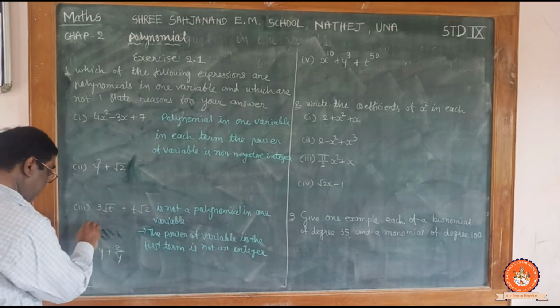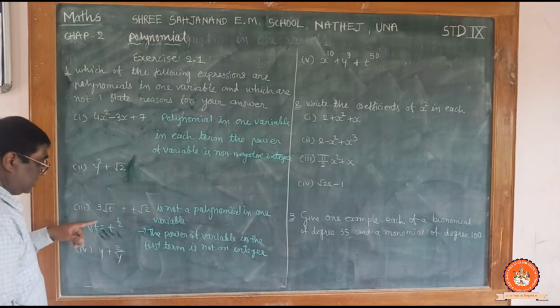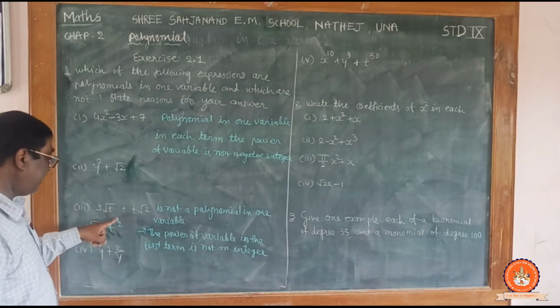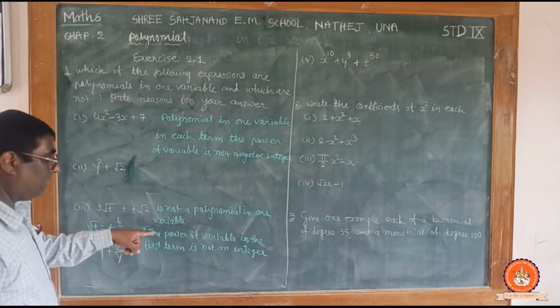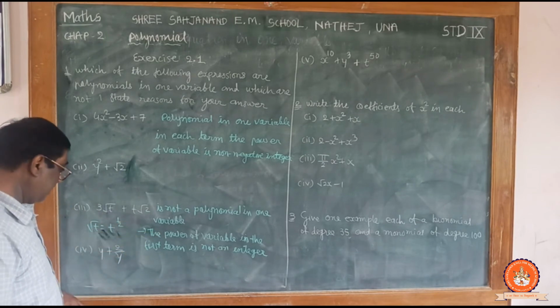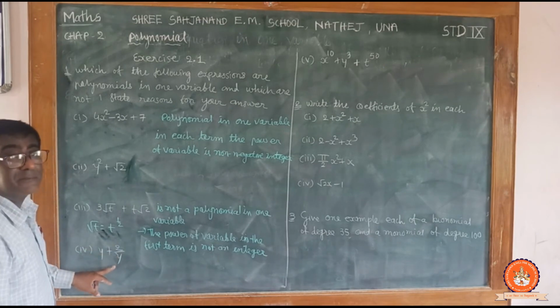You know that root t is equal to t raised to 1 by 2, and 1 by 2 is not an integer. Here y plus 2 upon y.